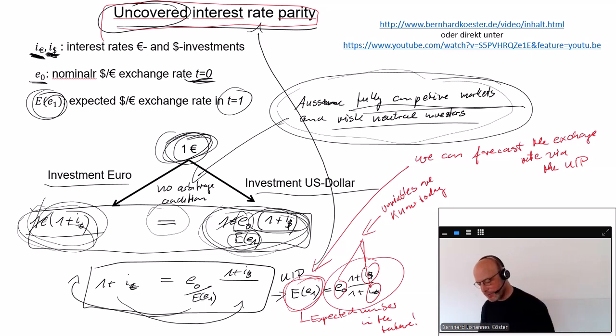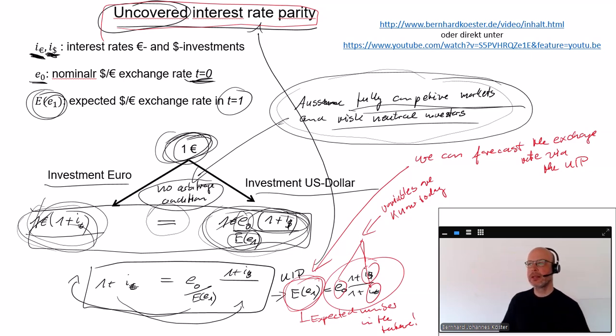But if this is the case, then we can derive from this the so-called no arbitrage condition, so that in equilibrium both investments have to have the same value. Because if one investment would be more profitable, then of course everybody would move to this investment.